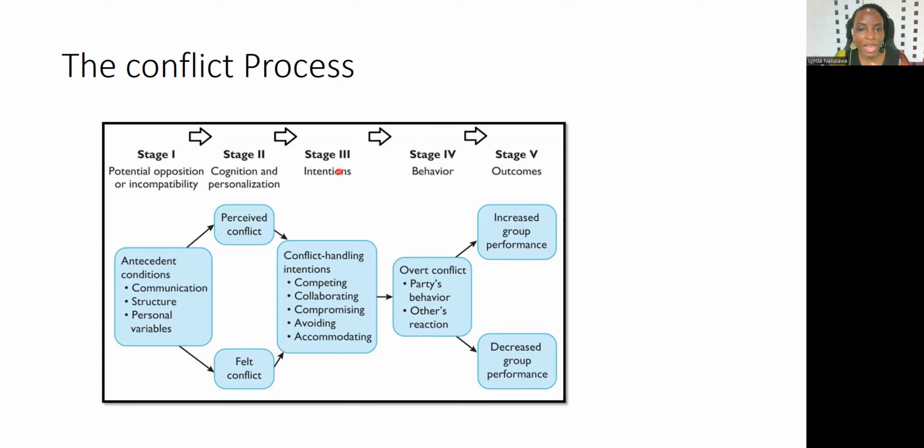From thinking about how we handle it to the actual behavior, maybe because we are not well trained or because we are too emotional, what happens? Do we act like we intended, or do we end up acting differently from what we intended? And from what we say or do or even not say, what are the outcomes? It's a very good exercise for you to try and see if you can come up with examples for each of these stages. Otherwise, that is the conflict process.